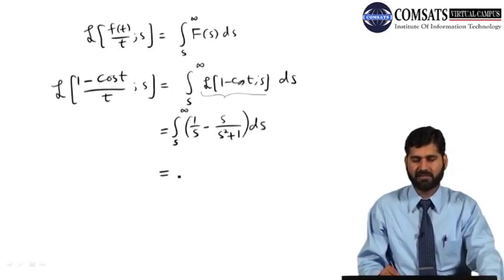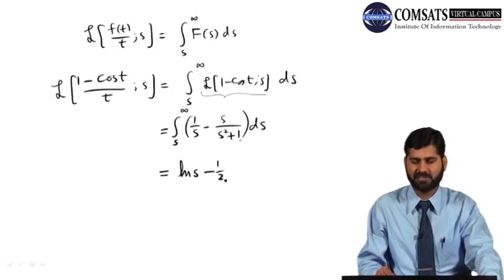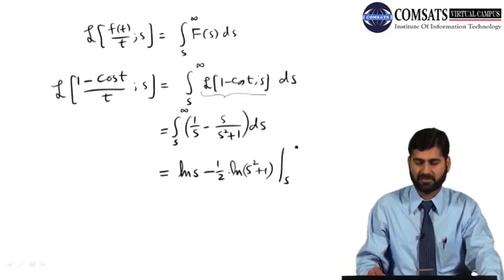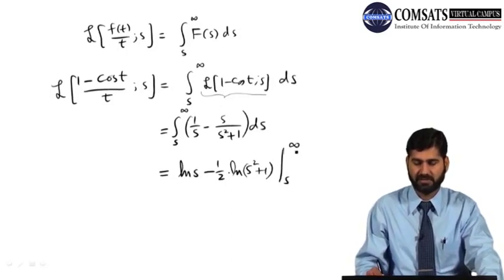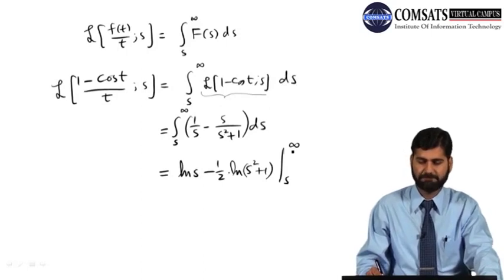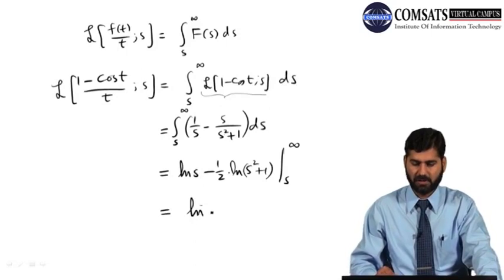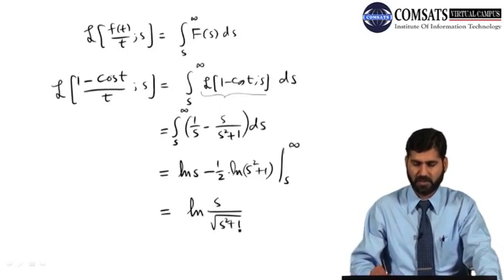The integral of 1 over s is log of s, minus, since s square plus 1 has derivative 2s, if you adjust this 2, you get the natural log of the square root of s square plus 1. And this is from s to infinity. So that is log of s over the square root of s square plus 1, from s to infinity.